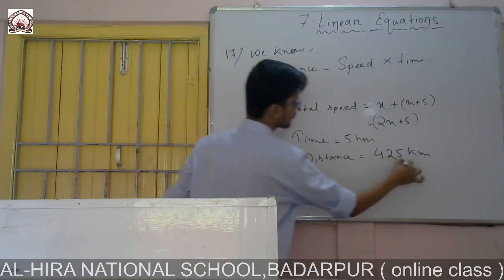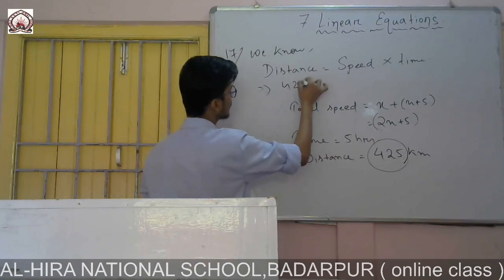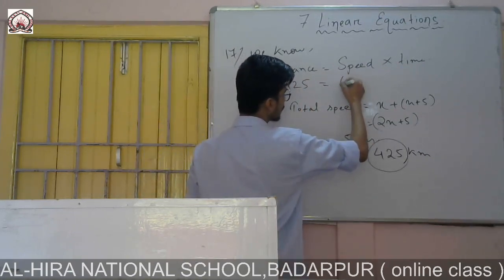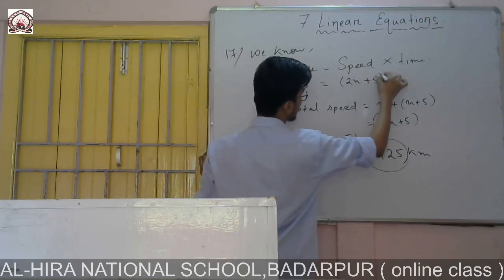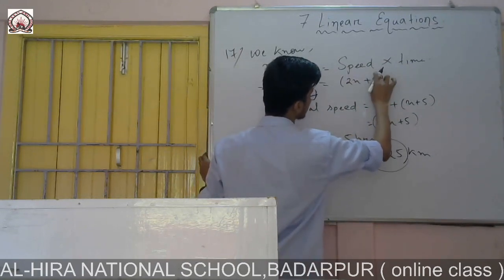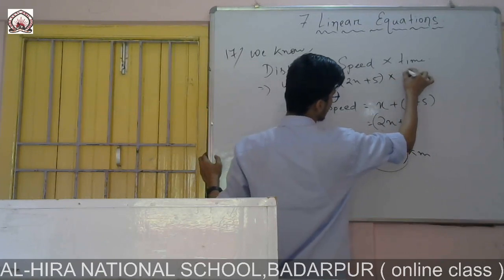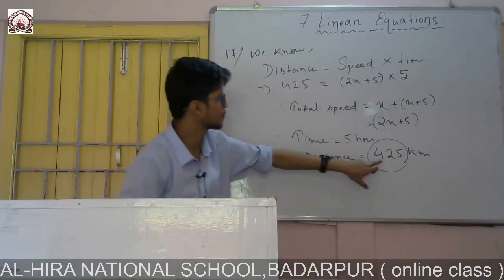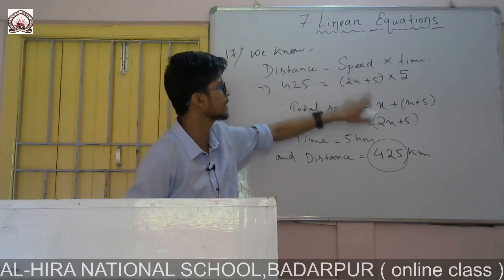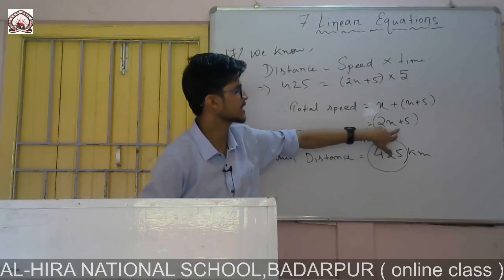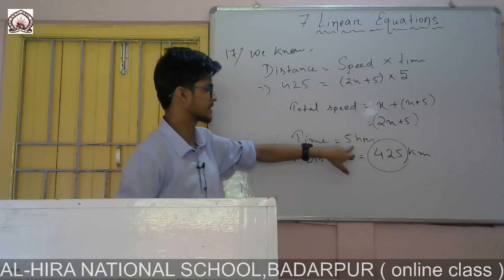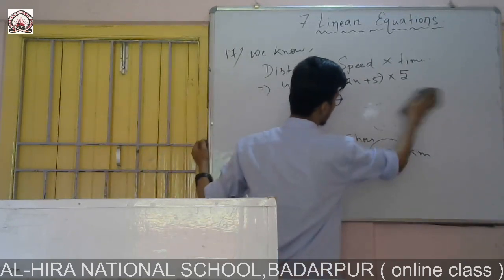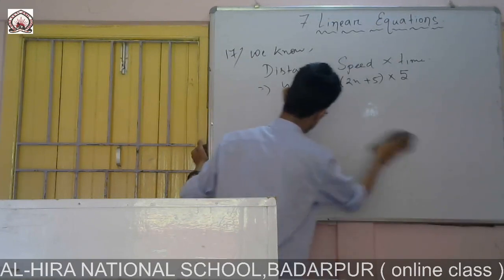Distance we know is 425 kilometer, so we write 425. Speed we know is 2x plus 5 and time is given as 5 hours. So in place of distance we put the value 425, in place of speed we put twice x plus 5, and in place of time we put 5. So now we will solve and find the value of x.